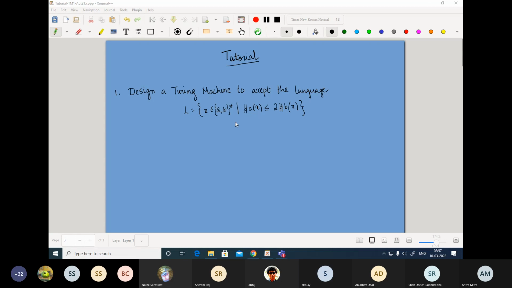Have you seen this exercise when you were working on PDAs? Yes, ma'am.